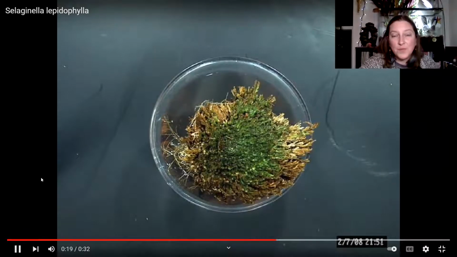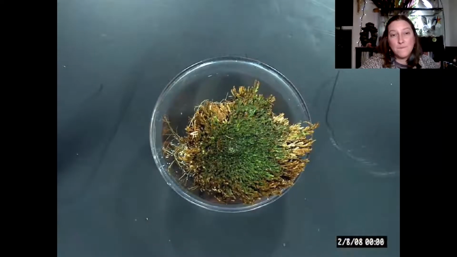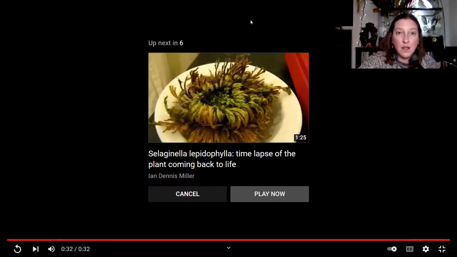But yeah. And then as soon as this happens, it'll release the spores. The spores will germinate into gametophyte plants that make the egg and sperm. Then the egg and sperm fuse.